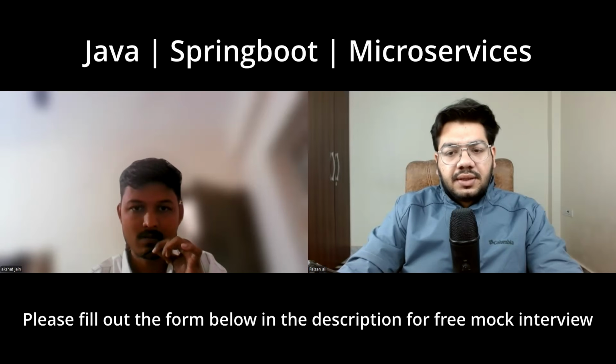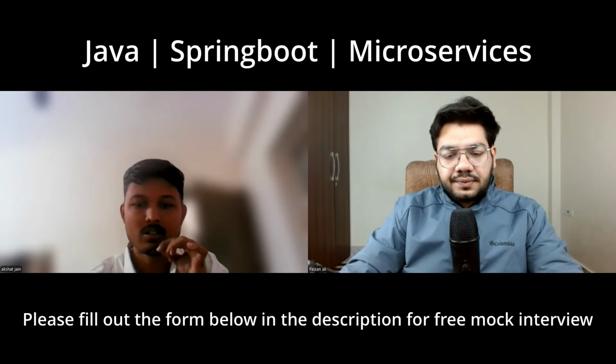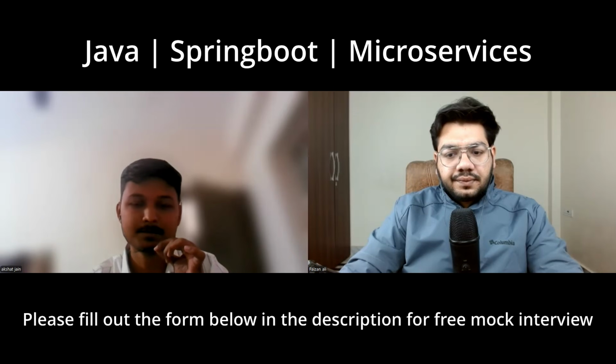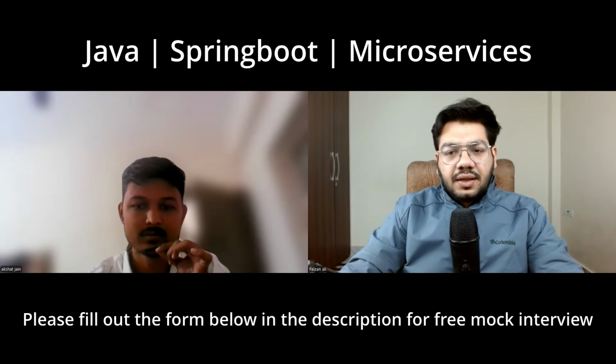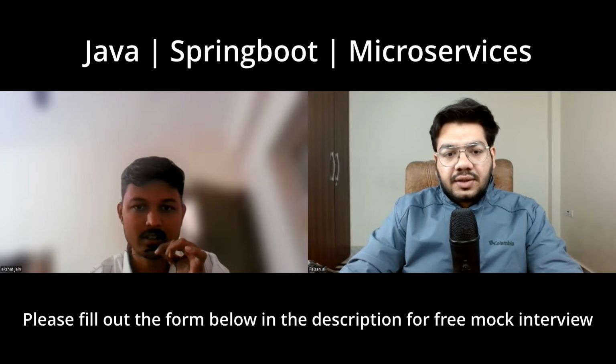Can you tell me some important features of ReentrantLock? I'm not aware of ReentrantLock features. Okay. The first feature, as I already told you, is that we can do tryLock. If the lock is released, we can acquire it; if not, the thread can do some other work. Second, we can lock and unlock anywhere.